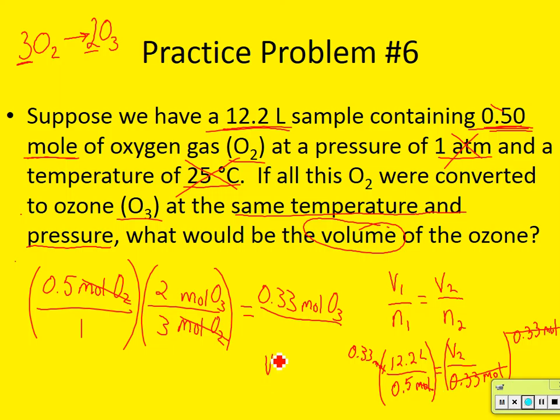Are you guys getting that V2 is equal to 8.05, which rounds to 8.1. 8.1 what? Liters. Good. Volume in this case was measured in liters. So 8.1 liters. Let's see if we got it right.